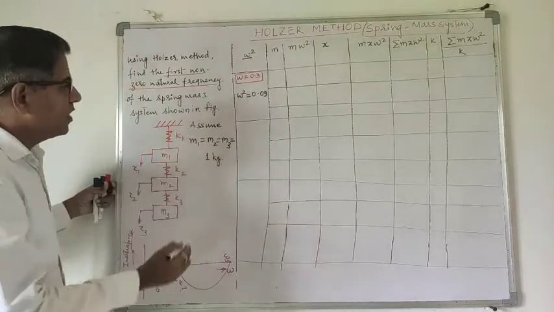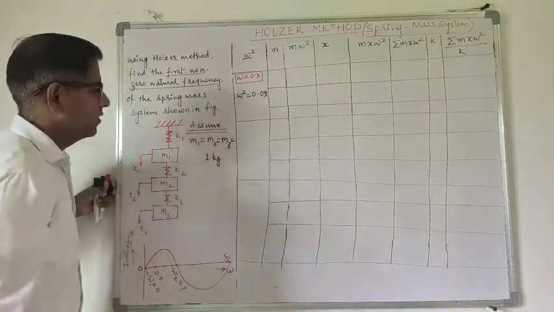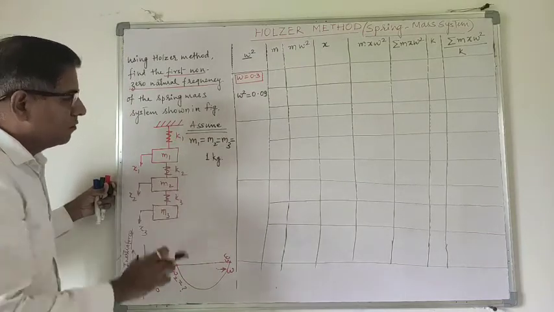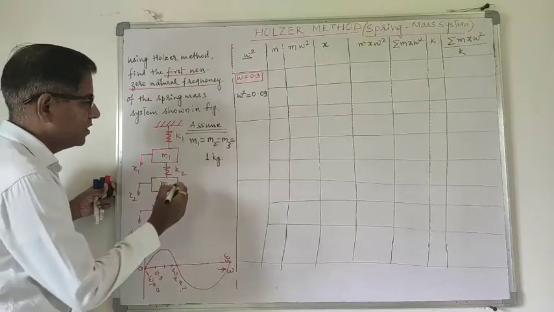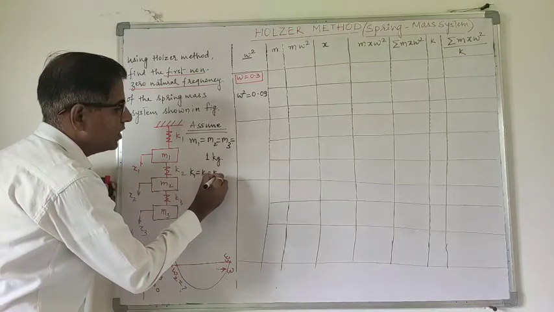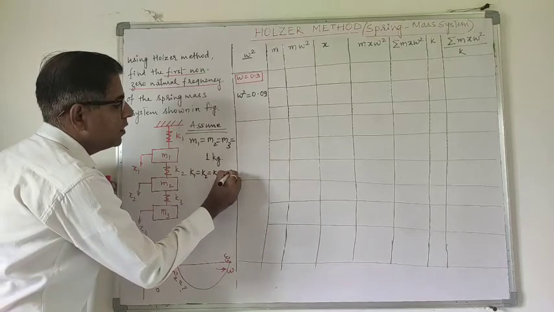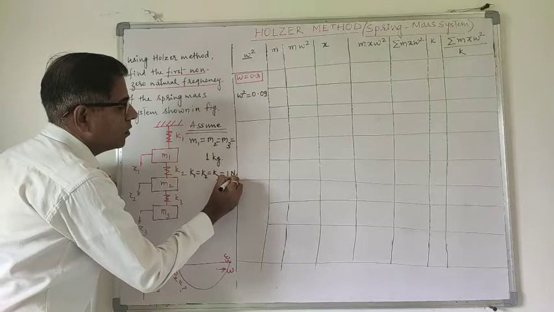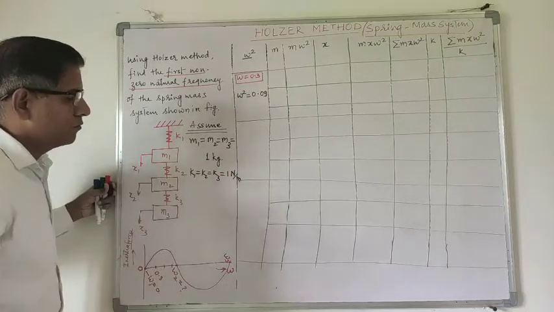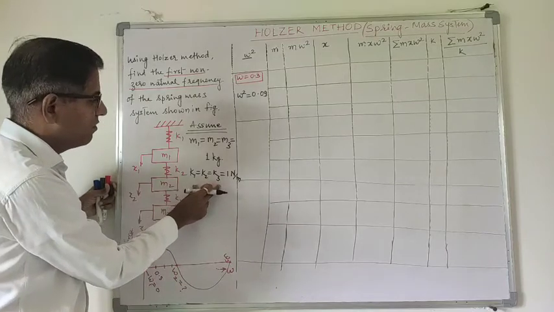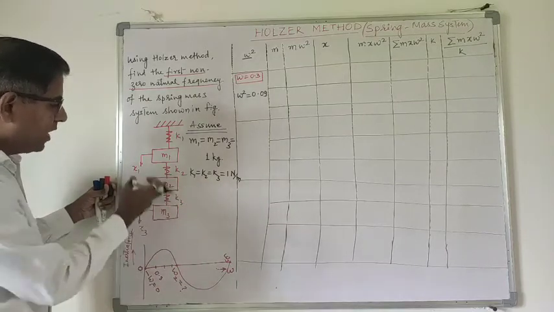This is what we have assumed here. Okay. So m1, m2 and m3, all the 3 masses are equal. Similarly, k1 is equal to k2 is equal to k3 is equal to 1 Newton per meter. Okay. So these are the 2 assumptions that we have assumed over here, because the values are not given.